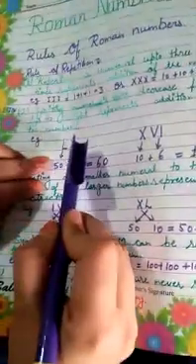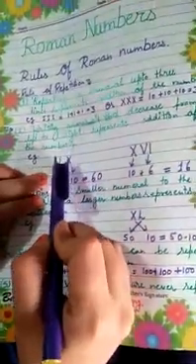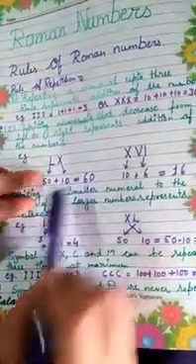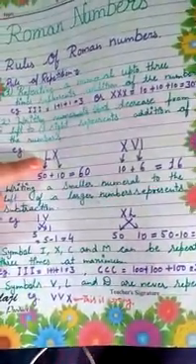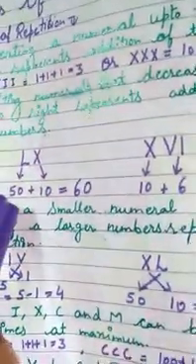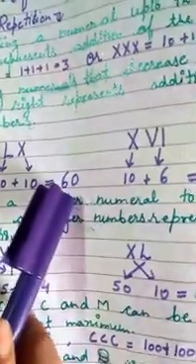For example, suppose I am writing LX. What is the value of L? 50. And X? 10. L is on the left side and X on the right side. So, 50 plus 10 is equal to 60.